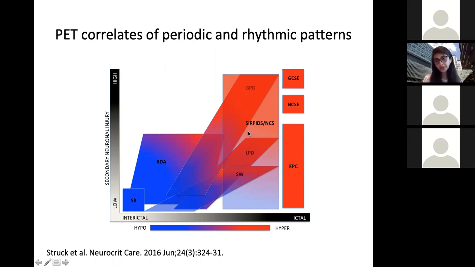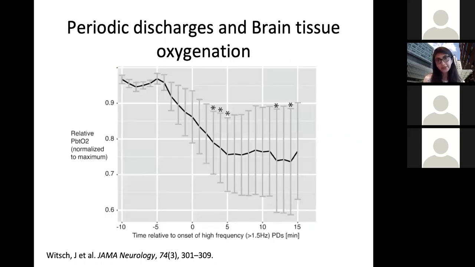And what the authors found in this study is that periodic discharges have a similar hypermetabolism to that seen in association with generalized convulsive seizures, thus hypothesizing that these patterns are associated with increased brain metabolism and potentially secondary brain injury. Again, this is a small cohort study, so it's hard to draw a causal inference, but clearly there was an association that was seen with these patterns.